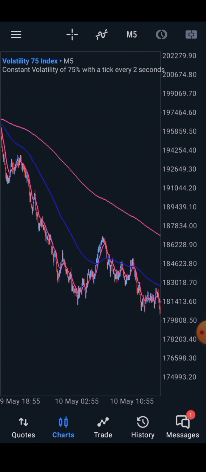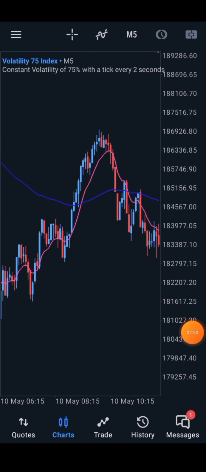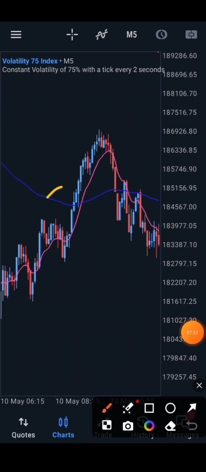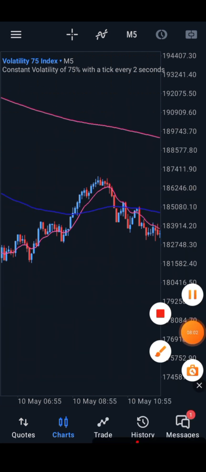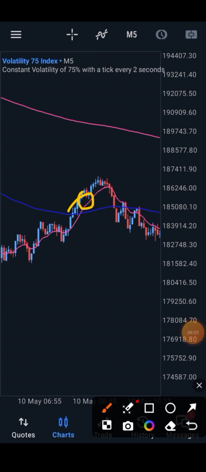Now, if I'm trading when the market is above this one here and below the 350, I'll be scalping just a little bit. I'll be scalping from here, and when the market gets closer to this pink indicator, I close my trade. I've been saying this in my previous video.